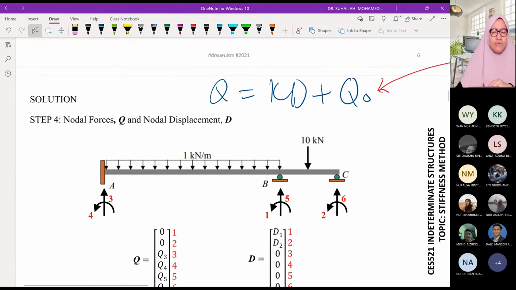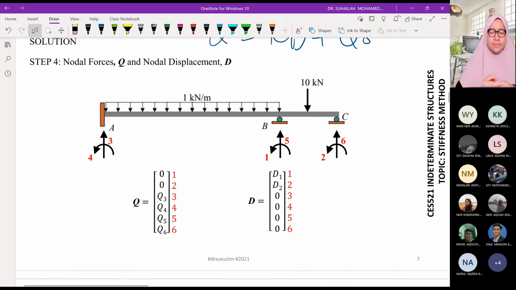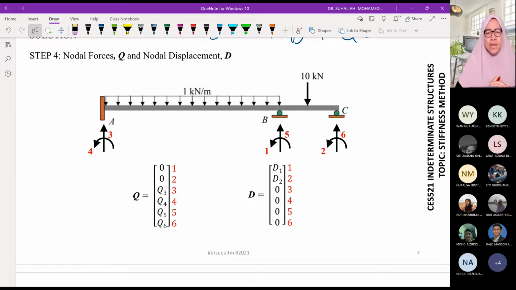Okay, but before that, as usual, we label first Q and D. Q and D also have six positions. So we know the boundary is here.